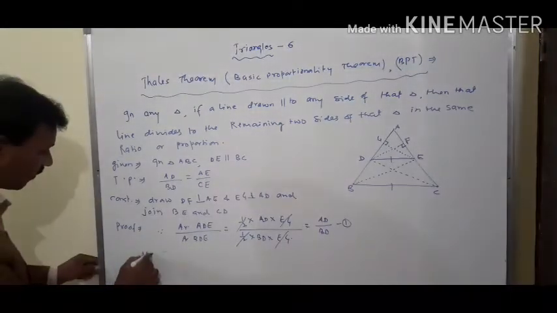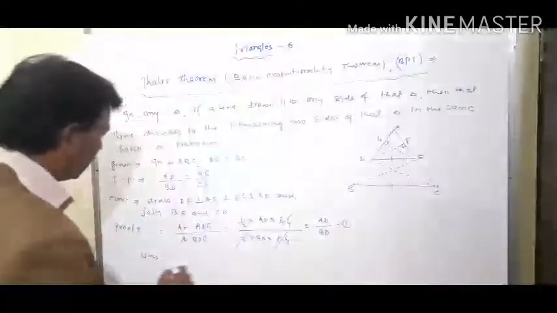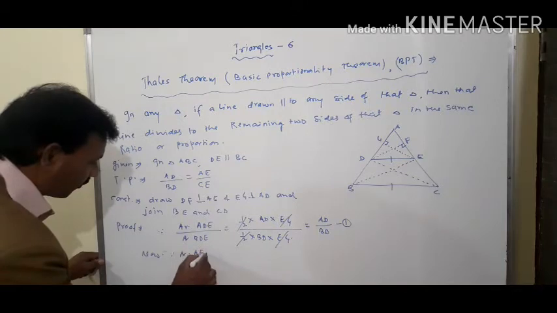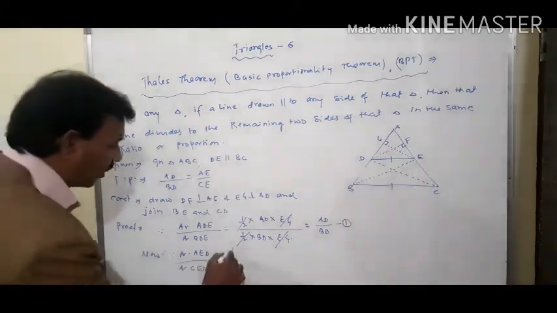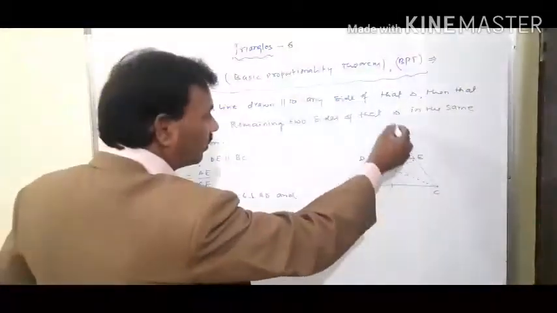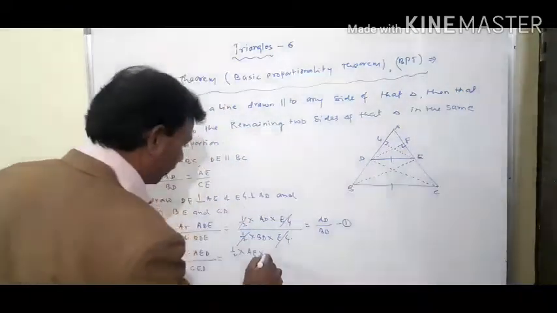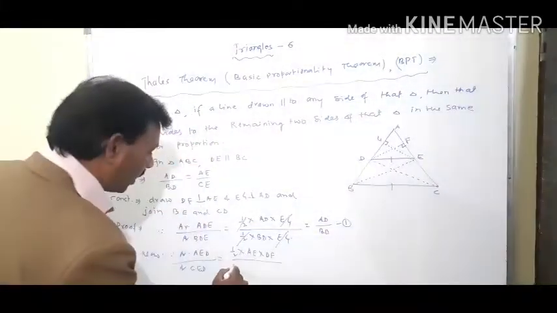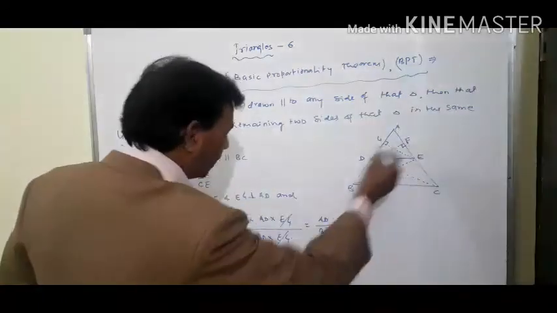Now we select two triangles at the same time, triangle AED and CED. Area AED upon area CED equal to 1 by 2, base is AE and height is DF, upon 1 by 2 into base CE and height DF.